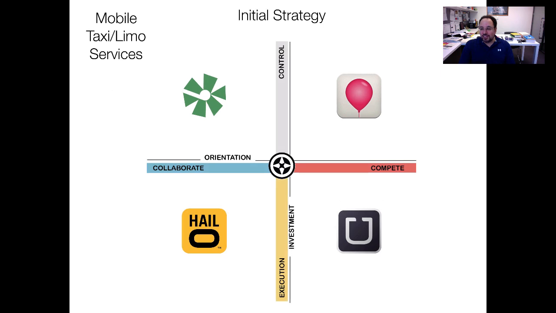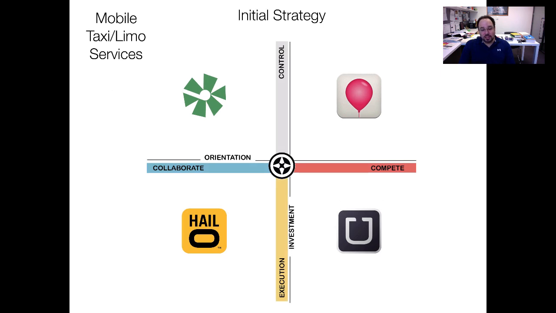For instance, we take the idea of a few years ago, mobile taxi or limo services that were being used, and from the perspective of, say, 2011, there were lots of firms choosing to use the same idea. And at least initially, their strategies could be slotted into these different boxes.